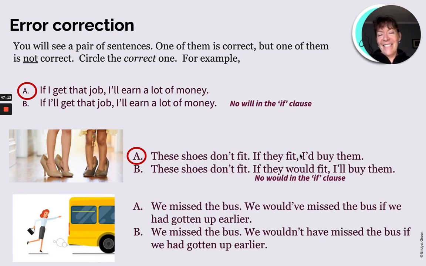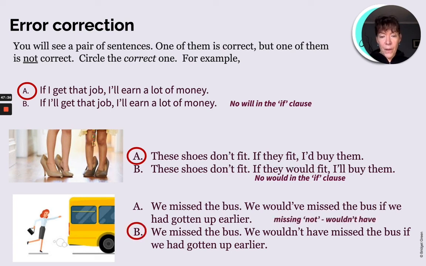Now, it's kind of tricky because fit is the same in the present and the past. Okay? But this one, B, is wrong. If they would fit. The same way we don't have will in the if clause, we don't have would in the if clause.